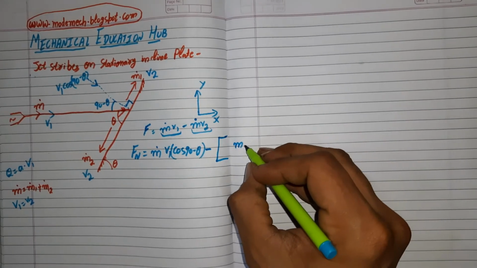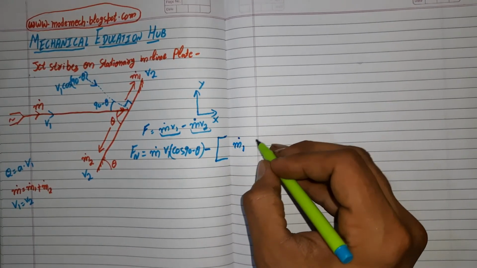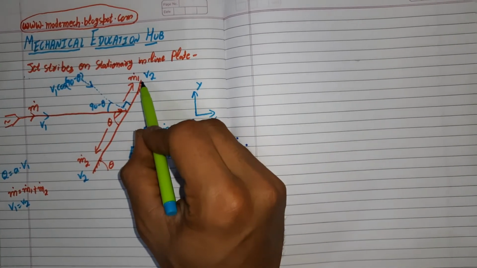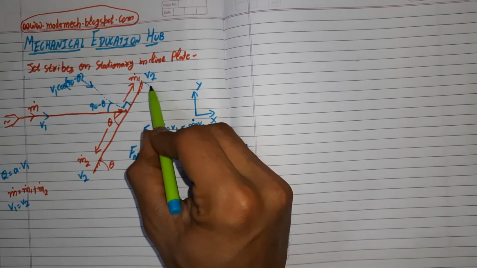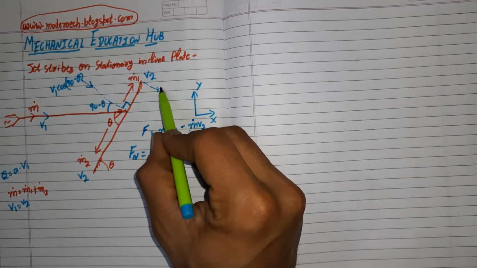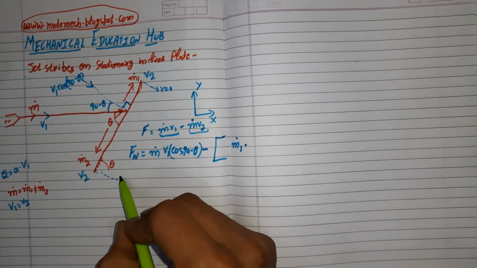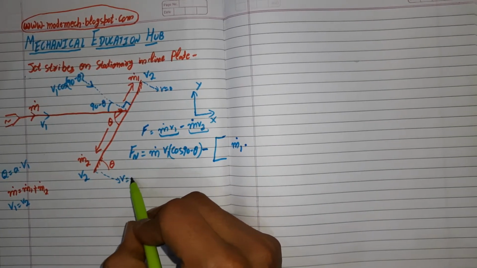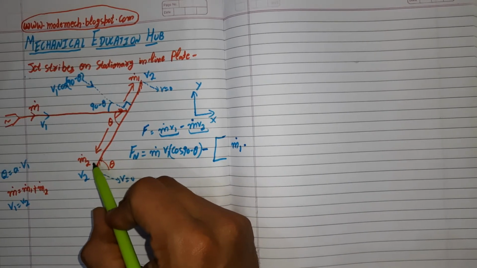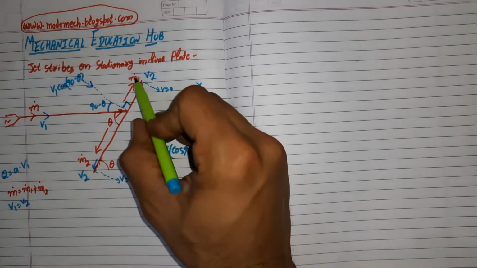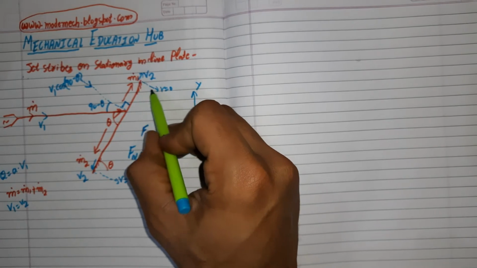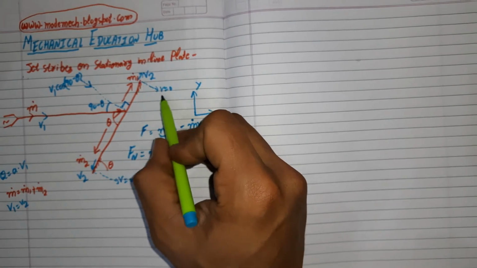Now m dot 1 into, here our normal velocity is 0 at the exit points, because water will exit in this direction. So in the direction perpendicular to the plate, our exit velocity will be 0.